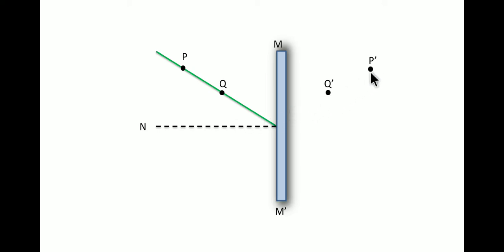P dash is the image of P and Q dash is the image of Q. Now, looking at the mirror from this point over here, we will look at P and Q, align them through a straight line, and try to put pin R in such a way that P dash, the image of P, Q dash, the image of Q, and this R and S are aligned together in a straight line.